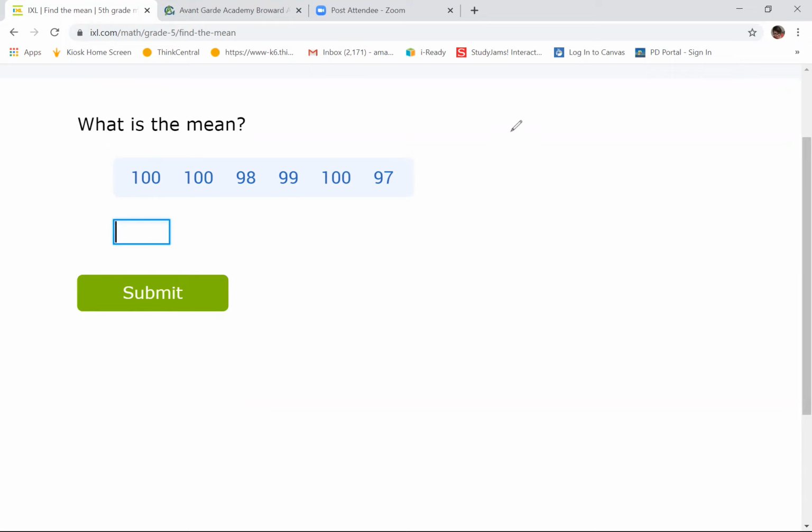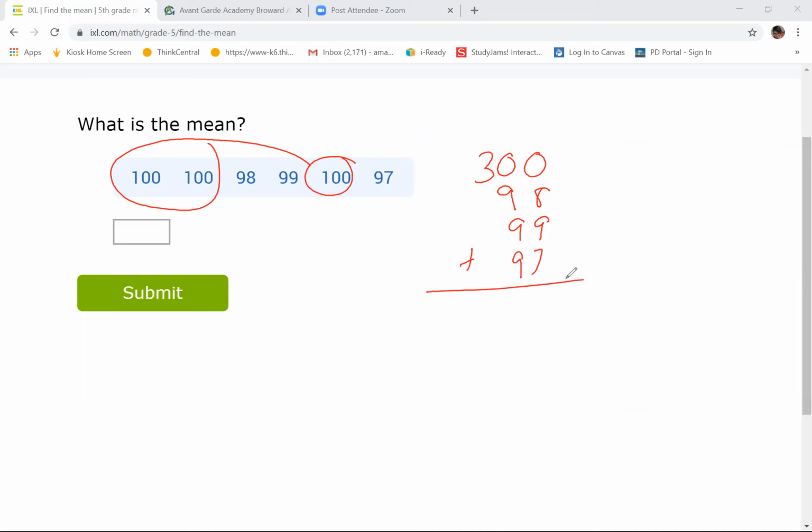Okay, so I'm going to go ahead and do something here, and I'm going to join these 3 together because that makes my life so much easier. And then I've got 98, 99, and 97. Do you have to do that? No, of course not. You can do 100, 100, 100.